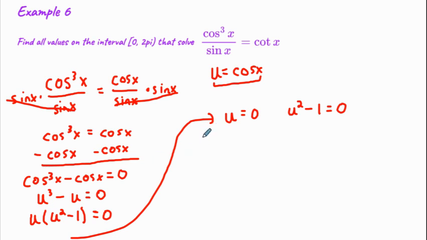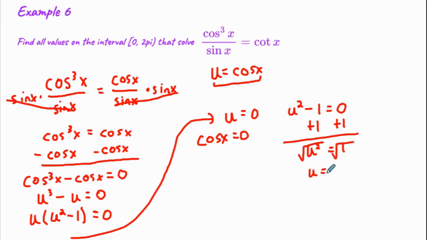So I'm going to now write this as cosine x equals 0. And actually, I'll do a little more work with the other one first. I'll go ahead and add 1. I get u squared equal to 1. And then taking the square root, I get u is equal to plus or minus 1. And that means that cosine x is equal to plus or minus 1.